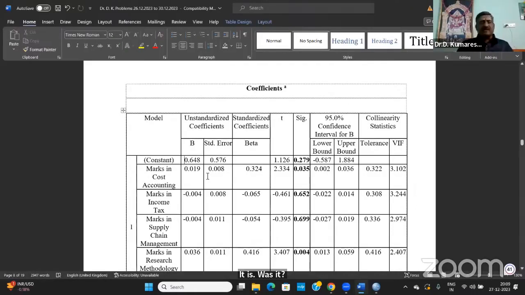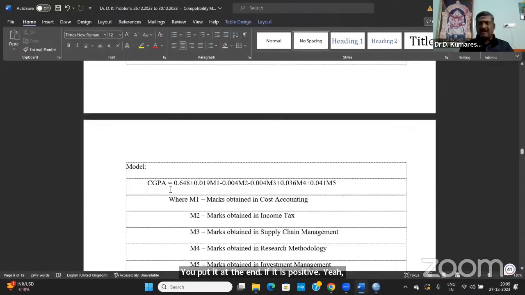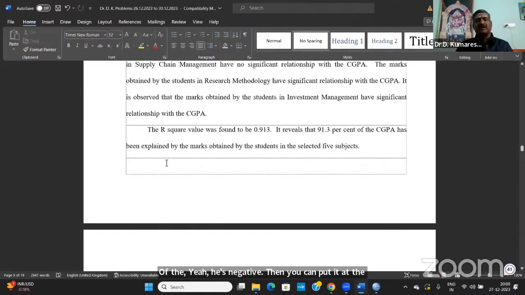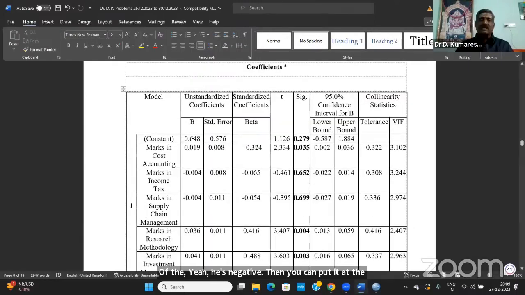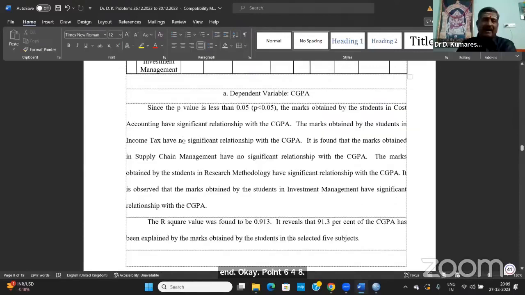Suppose if it is negative, you put it at the end. If it is positive, A is put in the beginning of the equation. Suppose if A is negative, then you can put it at the end. Okay. A is positive, 0.648. So the A value is substituted.